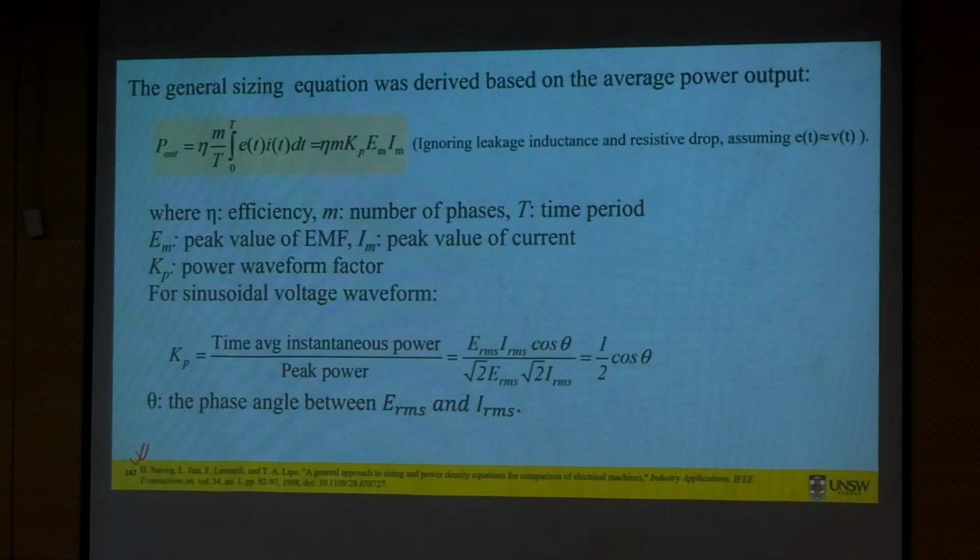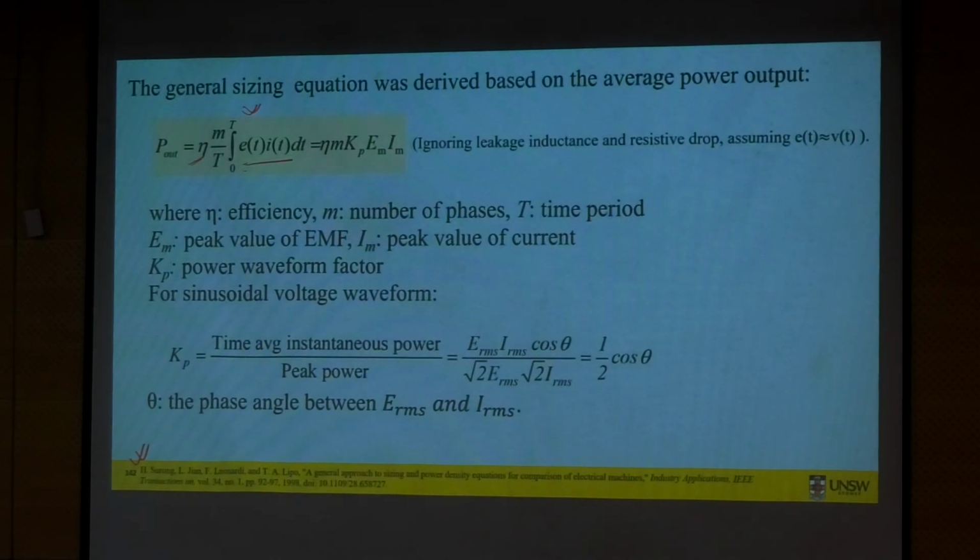So that's your average power equation. T is the time period, m is the number of phases in your machine, and eta is the efficiency, because we are looking at output power. So we multiply the average instantaneous input power by the efficiency.